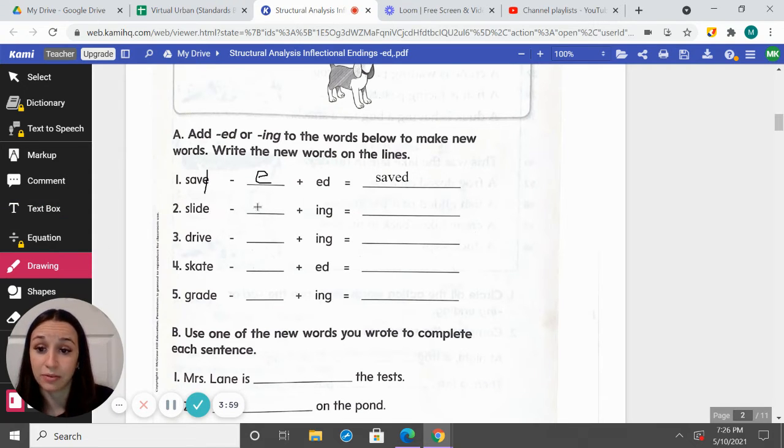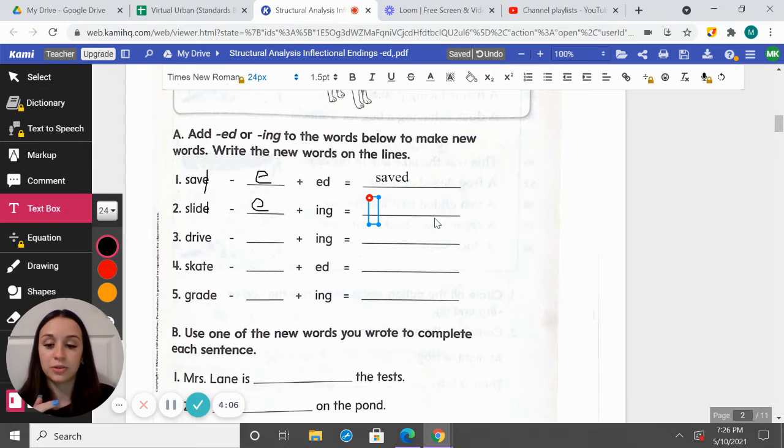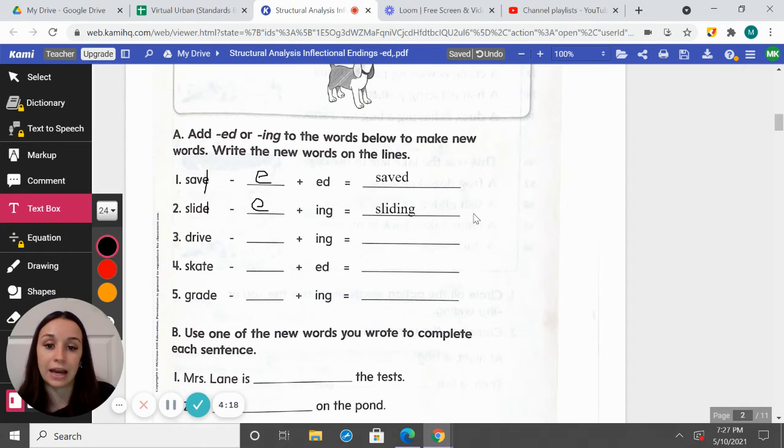We've got to drop it if we want to add ing and talk about right now. So get rid of that E, and let's write it. So if I'm doing sliding, I have S-L-I-D. I dropped that E, so I don't need to write it, and I just add that ing now. Sliding.